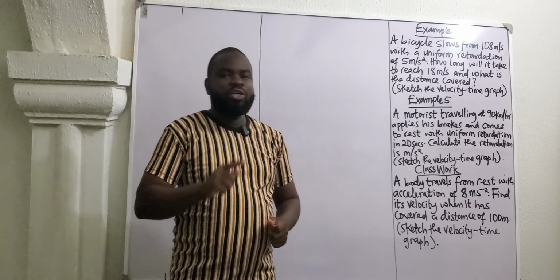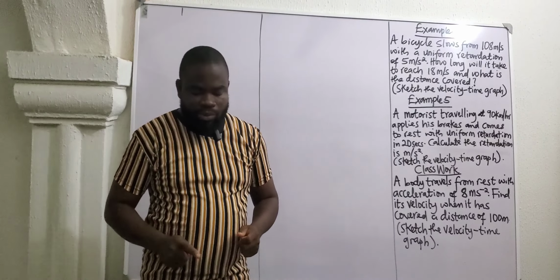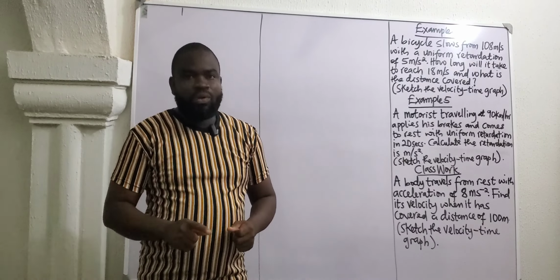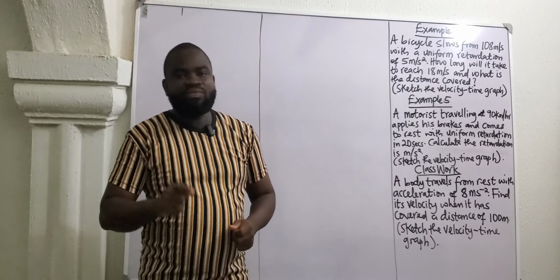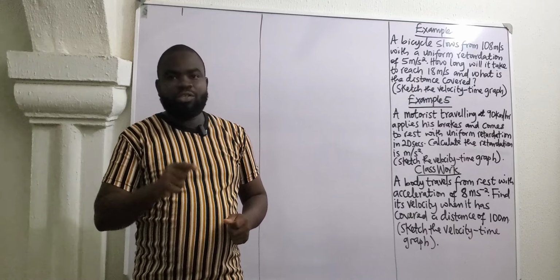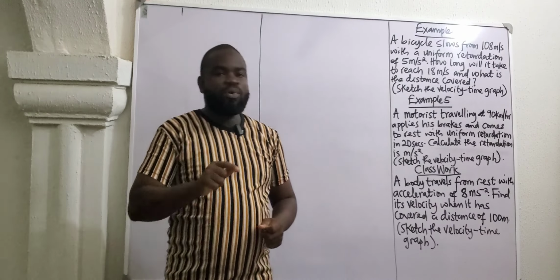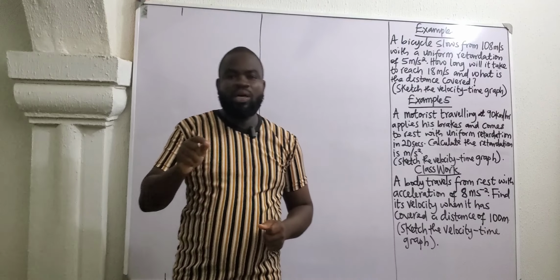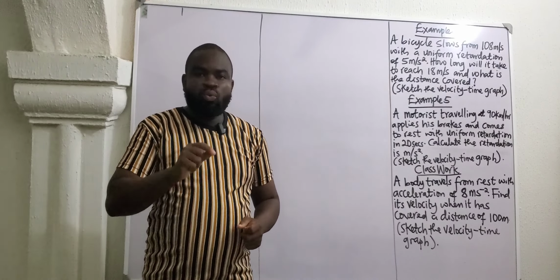Whenever a body comes to rest, it means that the final velocity of that body is 0. Whenever a body moves with uniform or constant velocity or speed, it means that the acceleration of that body is 0. And lastly, if a body is retarding with a certain value, that value in the question given to you will be positive.